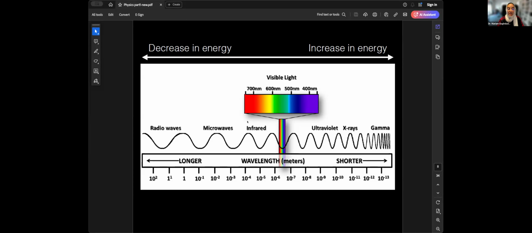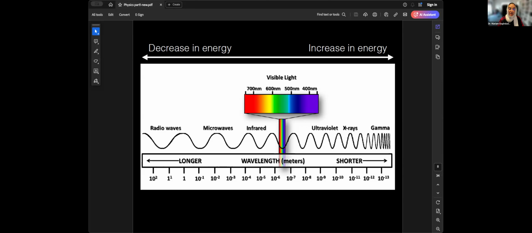Then we have infrared, which is now becoming an area where we have visible light, correct? Which starts from this region right here, from infrared all the way up to ultraviolet, where you see higher energy and smaller wavelengths, okay? So hopefully everybody understands that.